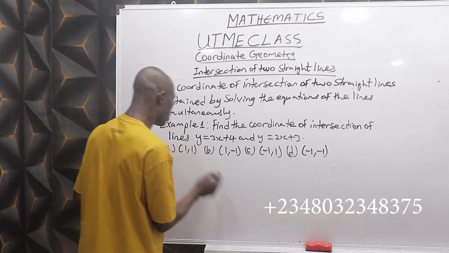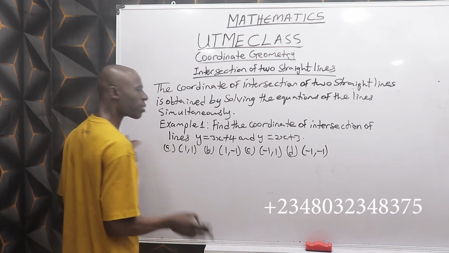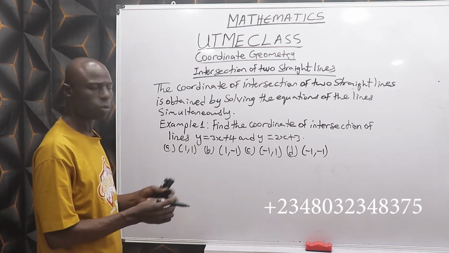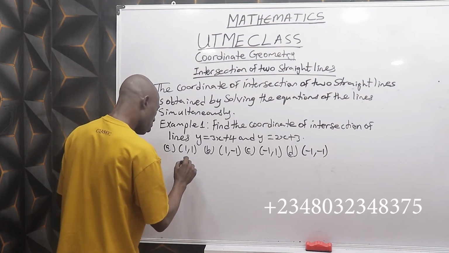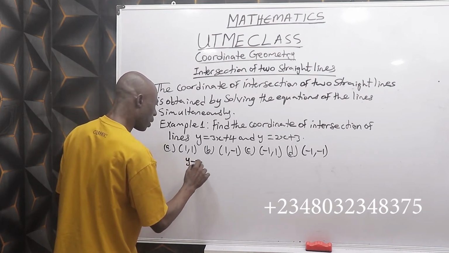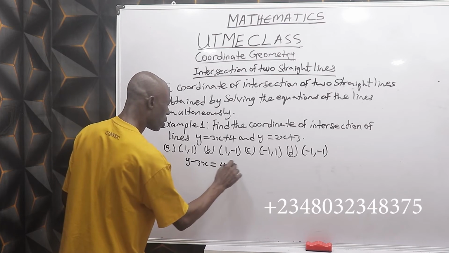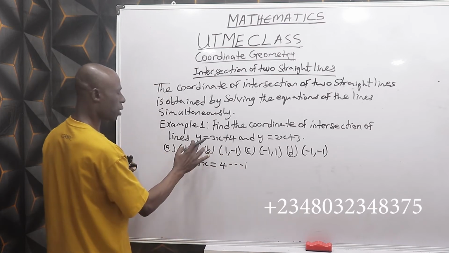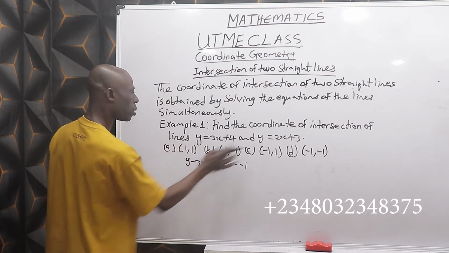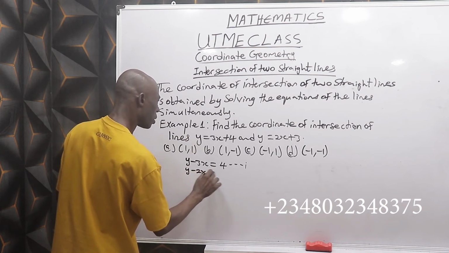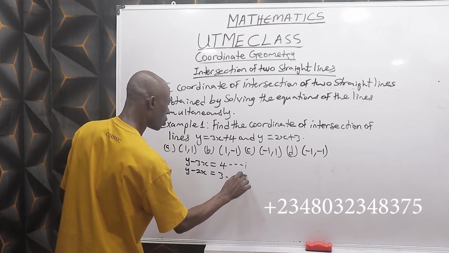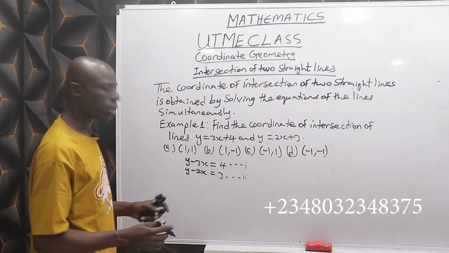All we need to do is solve the two equations simultaneously, and our answers will give us the coordinate of their intersection. That is, y minus 3x equals 4, equation 1. I restructure this equation. This also will be y minus 2x equals 3, equation 2. Solve them simultaneously.